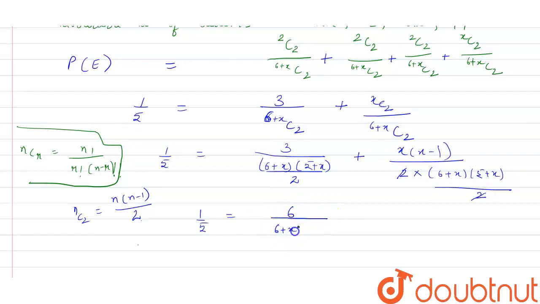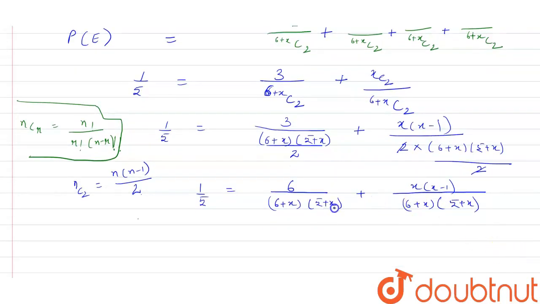So this will be 6 plus X into 5 plus X, and plus X into X minus 1 upon 6 plus X into 5 plus X. Because the denominator is the same, we can write, opening this bracket, 6 plus X squared minus X upon 6 plus X into 5 plus X, and 1 by 5 is equal to this.